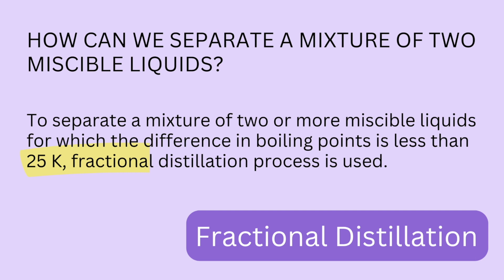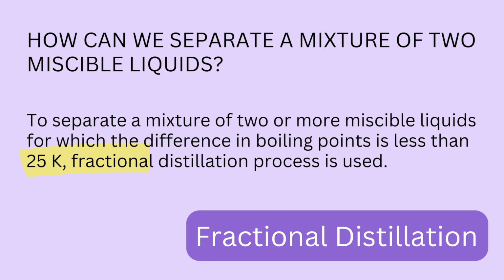Why can we not separate liquids that have a boiling point difference of less than 25 Kelvin? The reason is that normal distillation takes time to cool the vapors down and convert them into liquid, but a 25 Kelvin difference is easily reached when you heat heavily. So in normal distillation, there wouldn't be enough time for it to cool down.